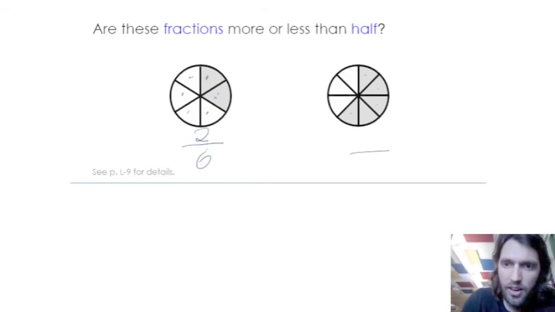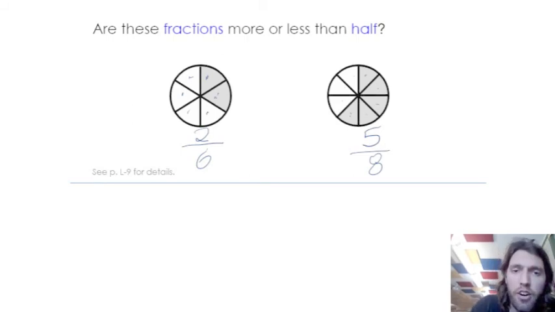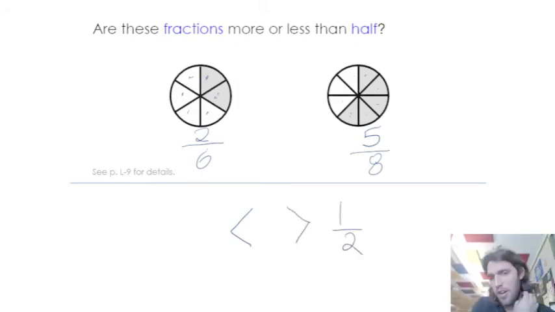So 8 here. And we have 1, 2, 3, 4, 5 shaded. So we need to know if these are greater than, or, let's see, or less than 1/2. All right? So how are we going to know?